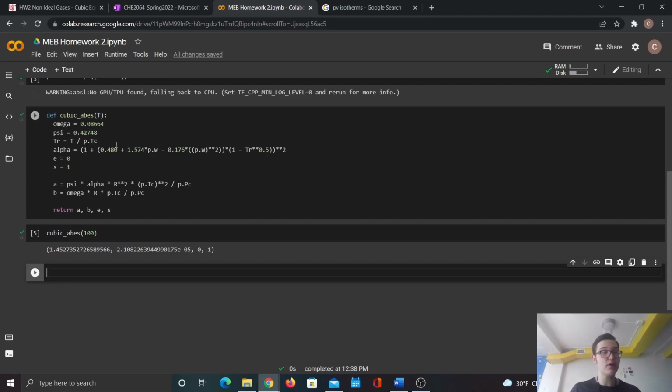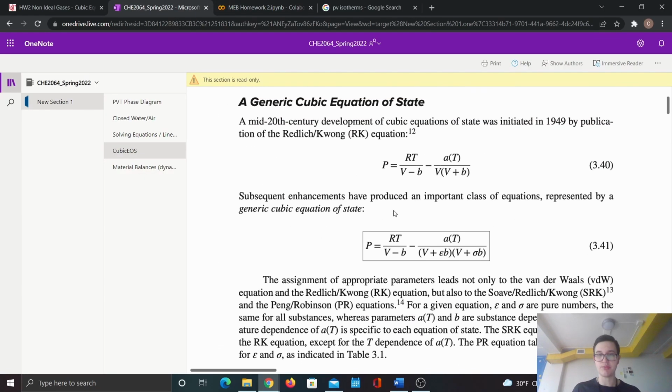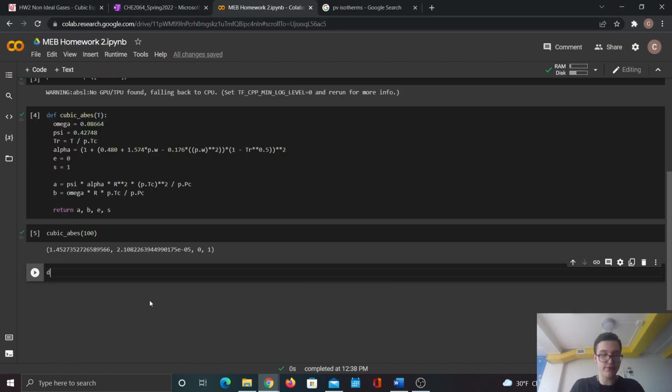So now that we have all of these values, we need the pressure. So let's find the pressure. We're going to define another function. We'll call it cubic P for cubic pressure, and what we want is again the temperature.